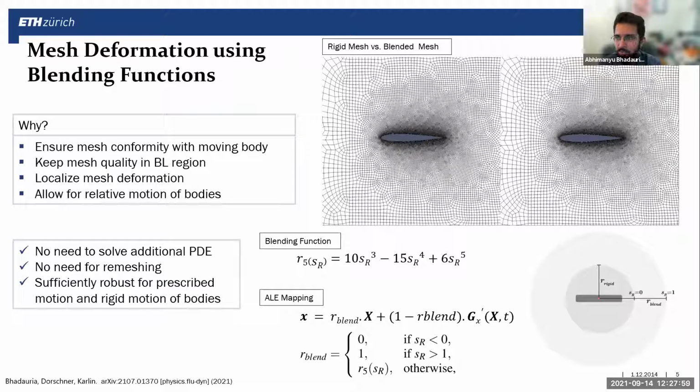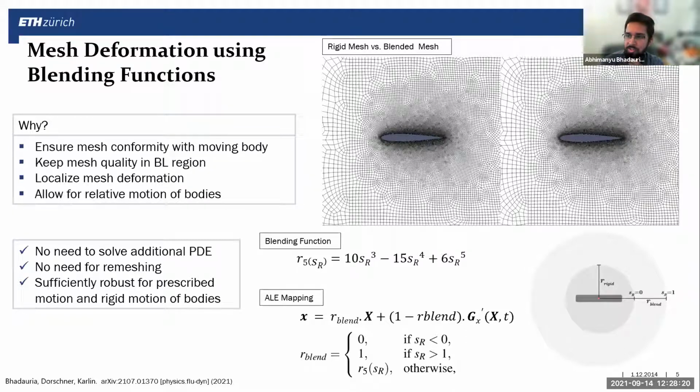We need to keep the mesh quality in the boundary layer region, specifically if we're dealing with fluid structure interactions. It is also prudent to localize these mesh deformations and not have mesh deformations in the whole domain, because if you want to deal with multiple bodies, then that is also important. And that is something we will cover later.